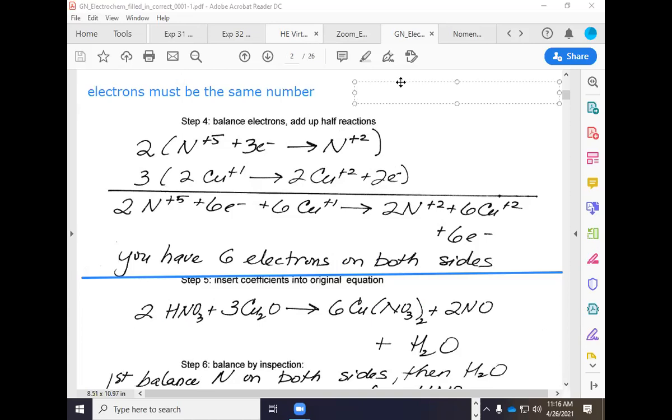Okay, so do the distributive property, and then add the reactions. So that's what you're doing here in step 4.